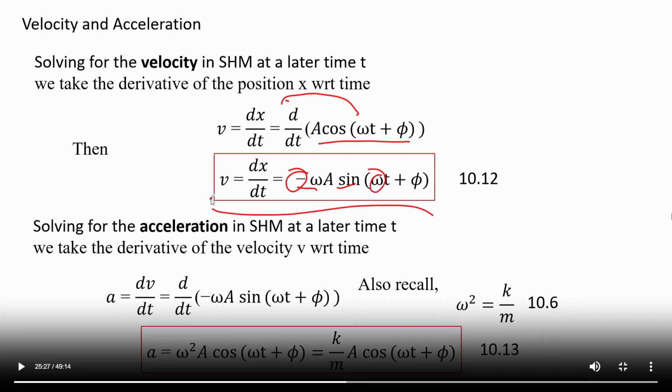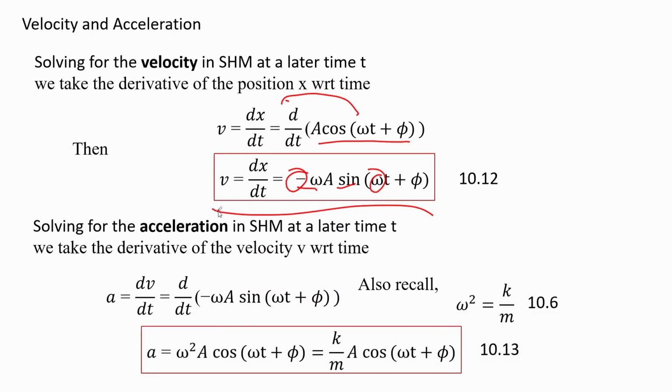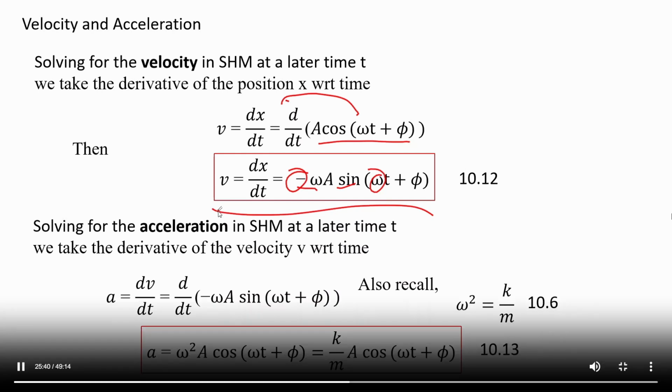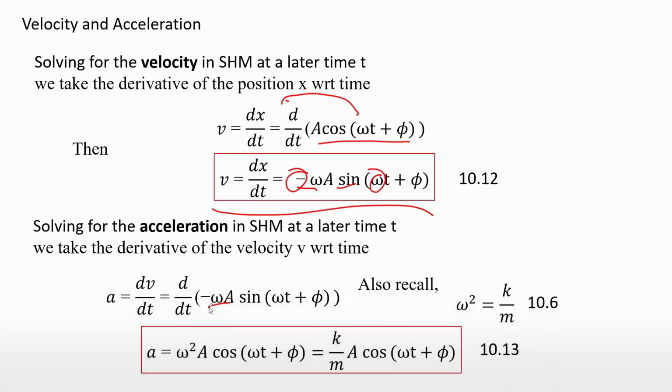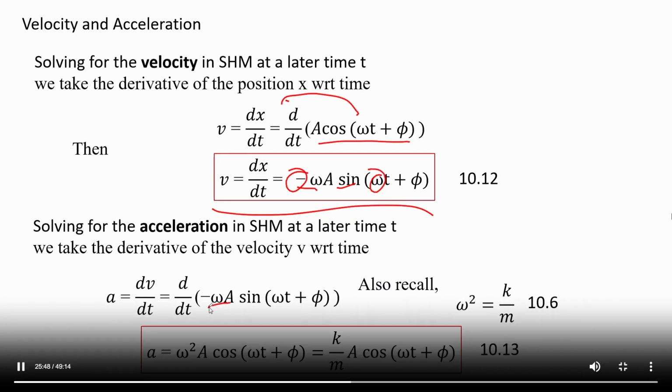For acceleration, you take the derivative of x a second time, or the first derivative of the velocity, dv over dt. So we keep this, you factor out this one, and the derivative of a sine is a cosine function. Is this not? Yeah, it's a sine omega t plus phi.